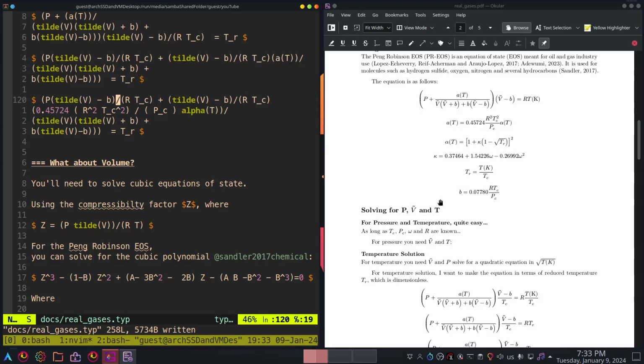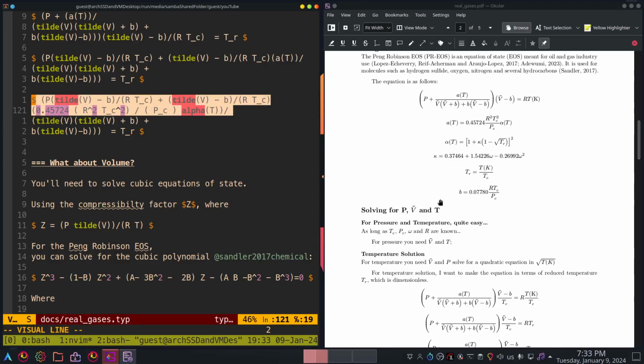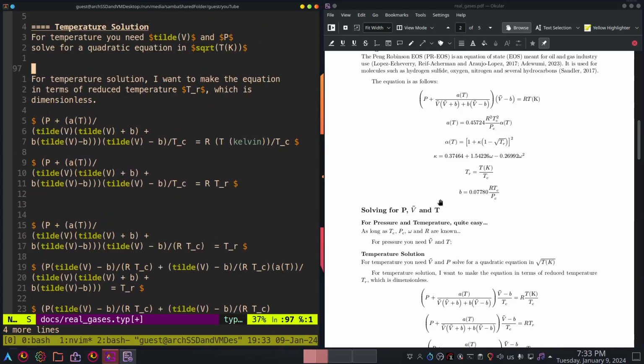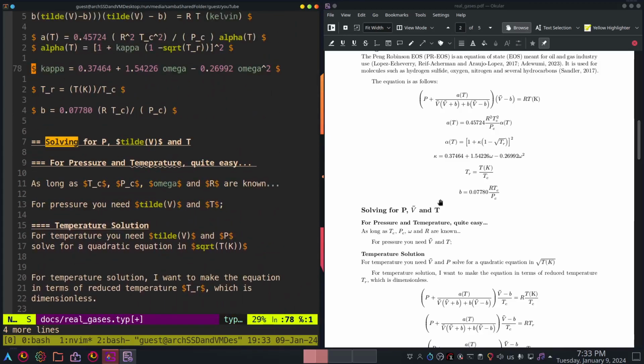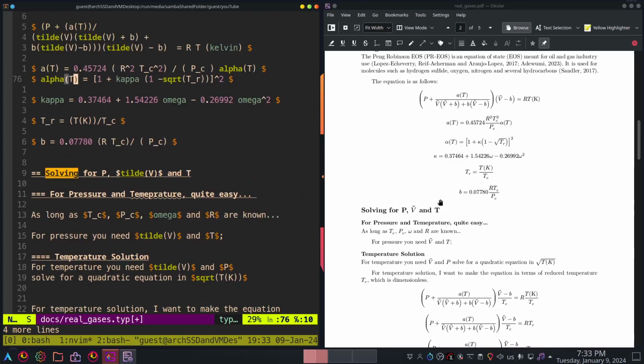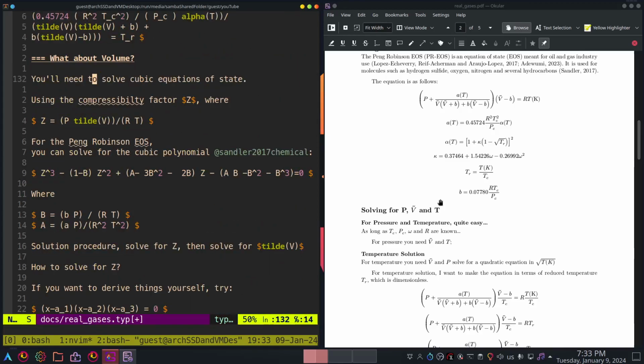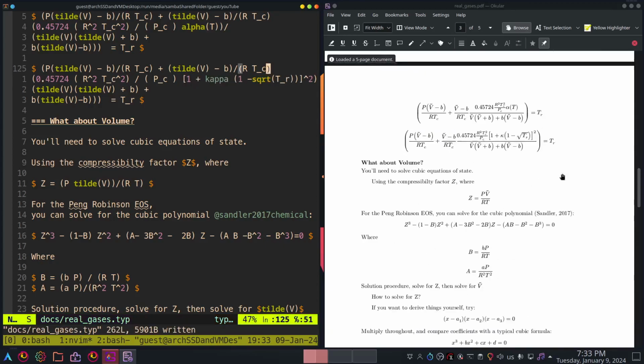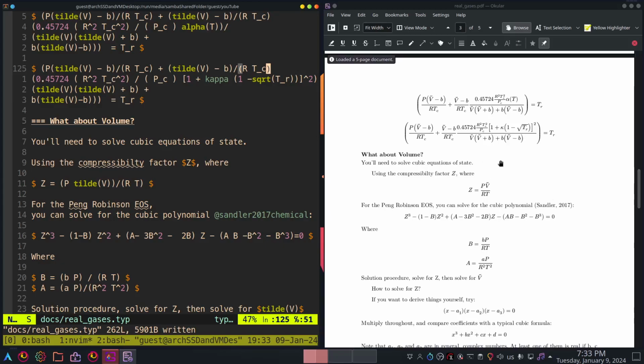But I'm going to bring in this alpha t so that I can see the whole equation in terms of TR. So we have this messy bunch of equations here.